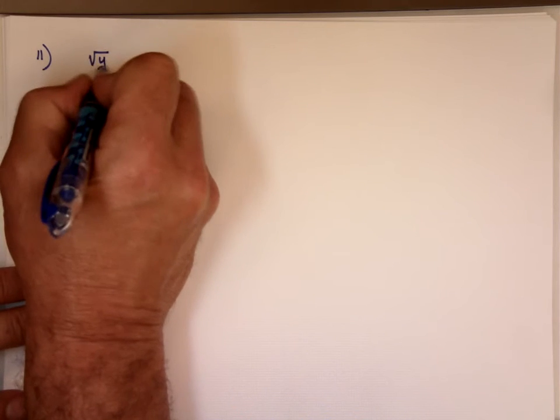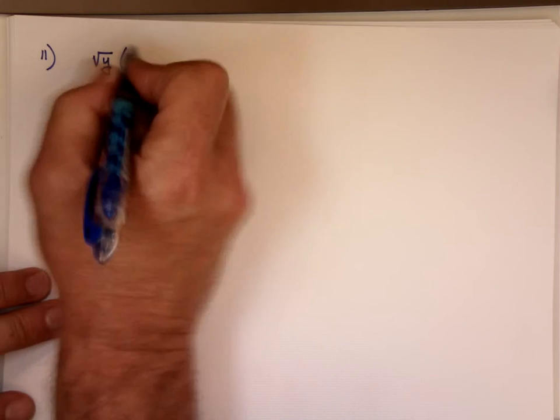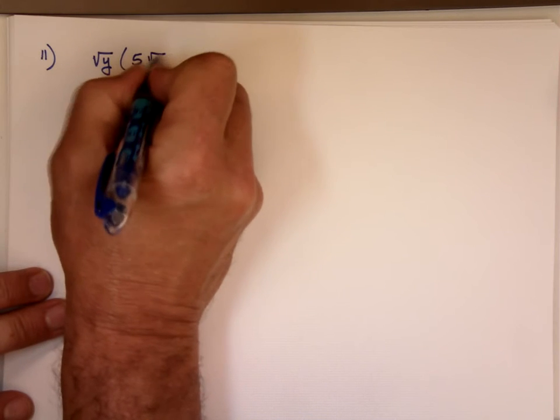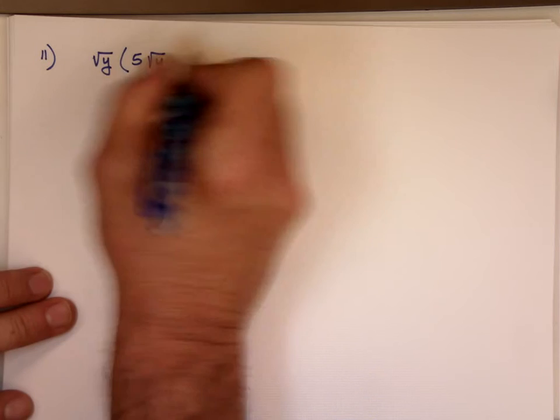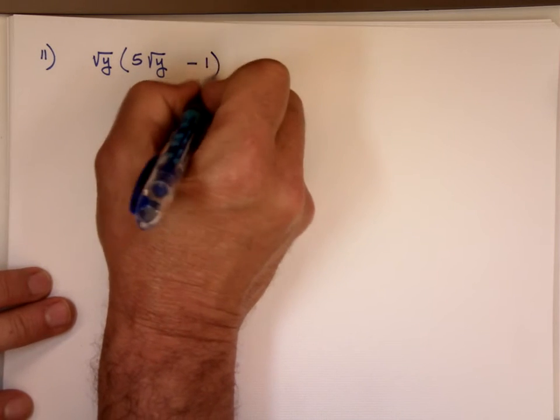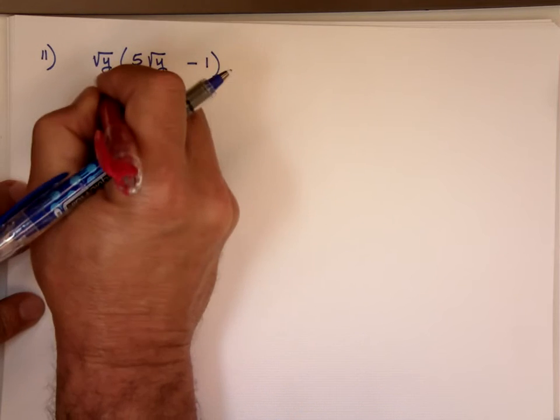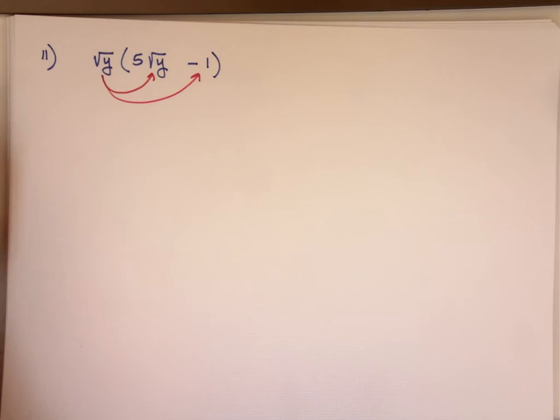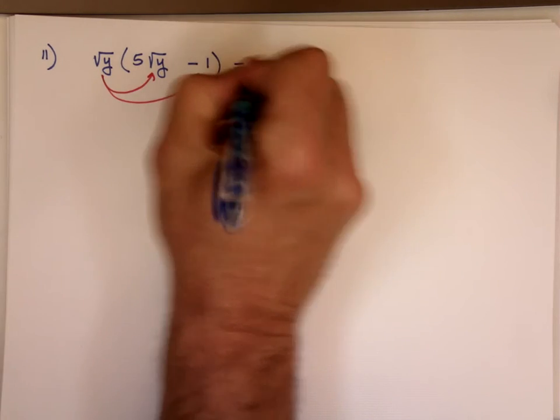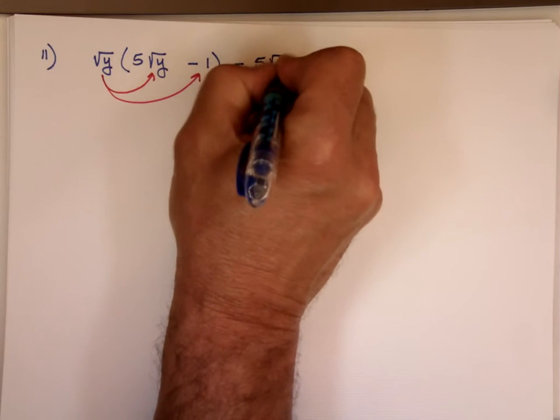Let's try this. We'll multiply the square root of y times 5 times the square root of y minus 1. Again, you're going to take this, multiply it by both of these, distribute that. So it's going to be 5, the square root of y, that's this one, times this.